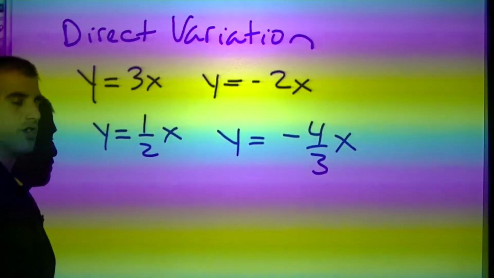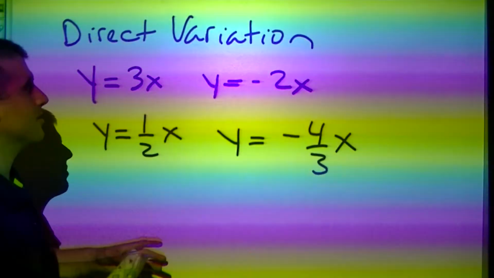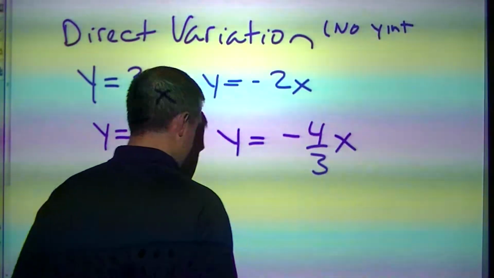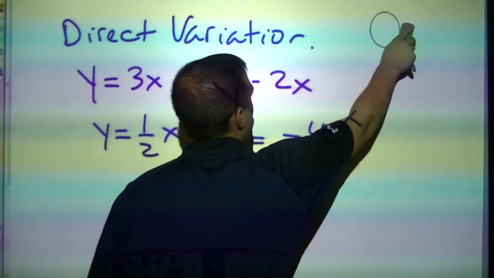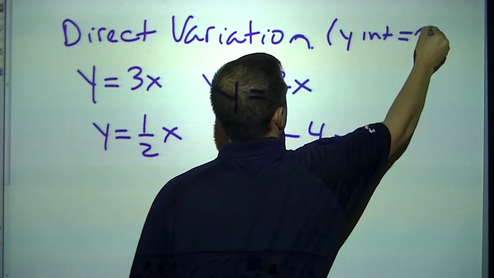If you notice that we've been graphing these all along, direct variation has y and x, basically has no y-intercept. Or actually, probably not no y-intercept, it has a y-intercept that equals 0.